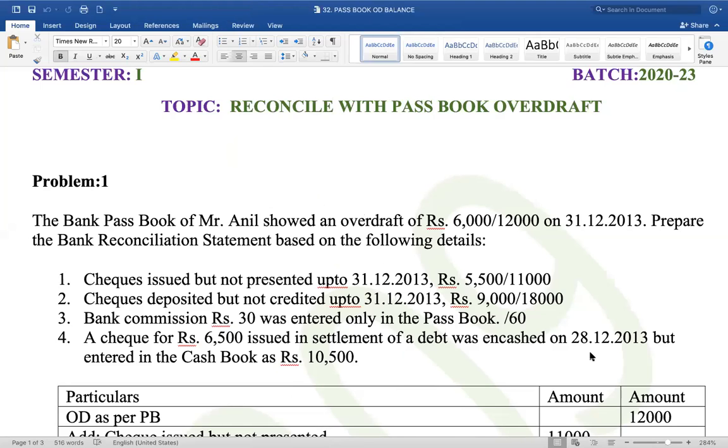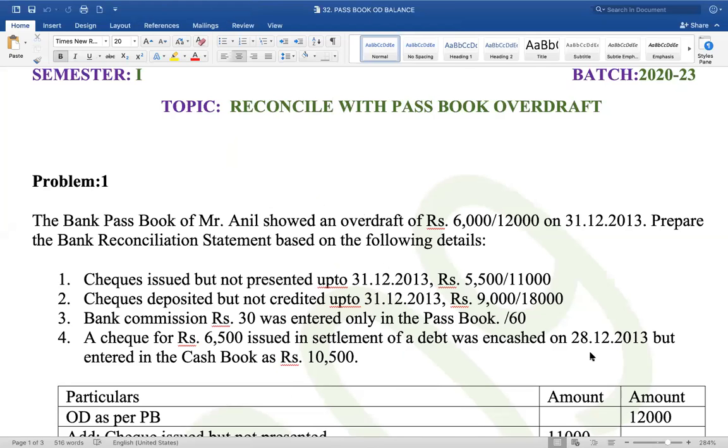So we'll be talking about how to reconcile with the help of a problem. We will be talking about how to reconcile the passbook overdraft balance. There's a cash book overdraft and a passbook overdraft.